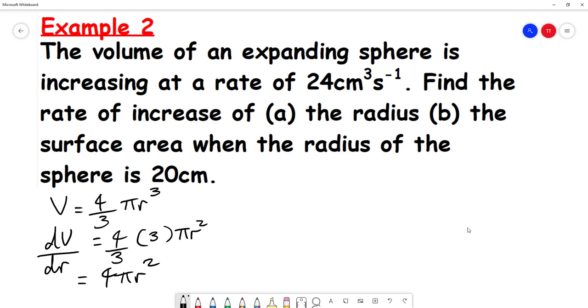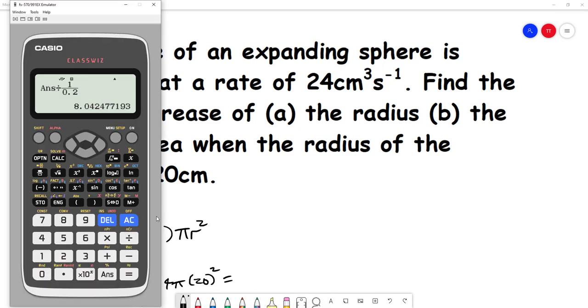So when r is 20, dV by dr is 4 pi times 20 squared. So let's type that straight into our calculator. 4 pi times 20 squared. That gives me 1600 pi.